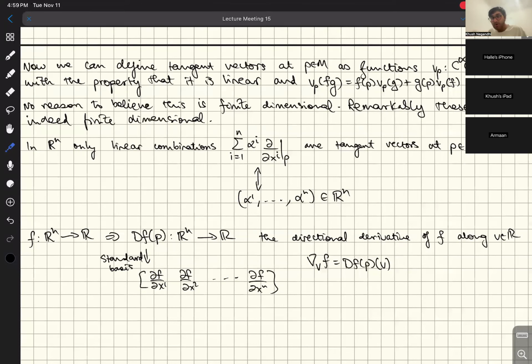It still holds, because you have a standard basis in the quaternions, given by 1, i, j, and k. So you can still define the directional derivative in those directions. This is the directional derivative in that direction.